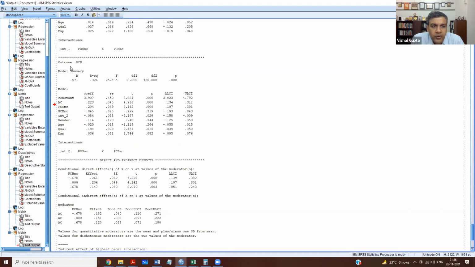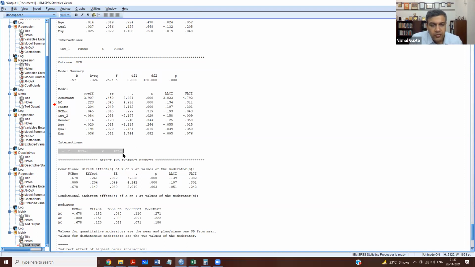Then we go to the outcome, the OCB. Here you have the path from the mediator coming in, which is significant. Then you have the POS, PCB. PCB is not significant, but let us look at what happens to the interaction. Interaction term is significant at P less than 0.05, which is again POS multiplied with PCB.